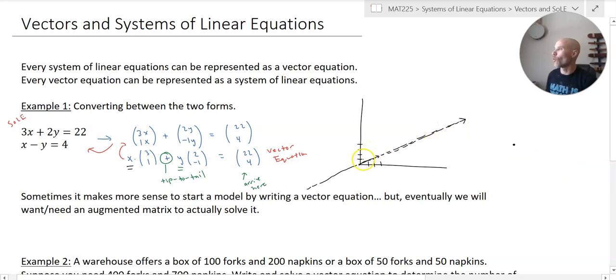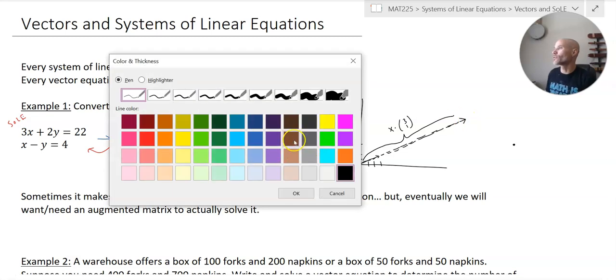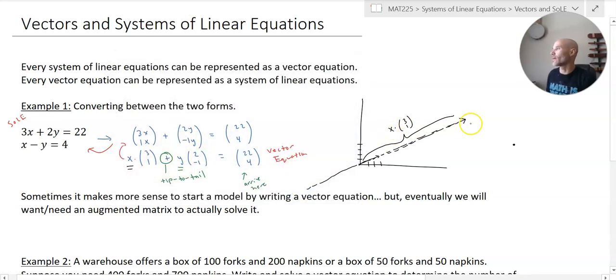This whole vector that I'm representing is x multiples of the 3, 1 vector. It could be fractional, could be decimal, could be a whole number. Notice that this one goes over 2 and down 1. So if I were to strategically find this value of x, then if I went over 2 and down 1, there's my representation of just the 2, negative 1 vector, and then I scaled that by a factor of y.